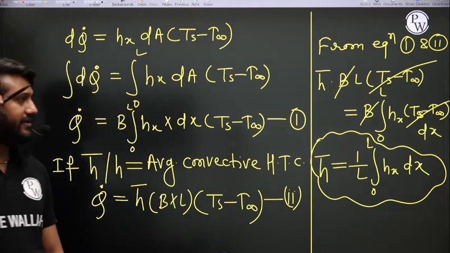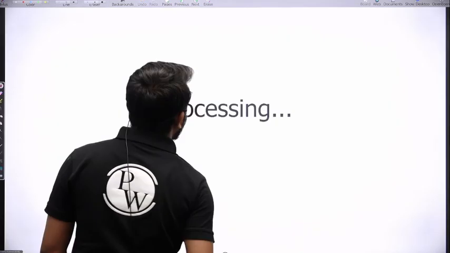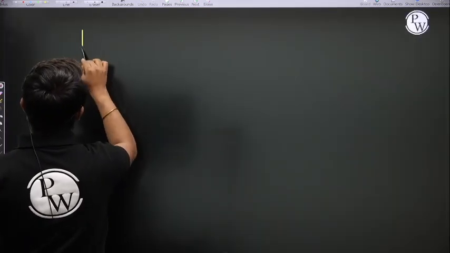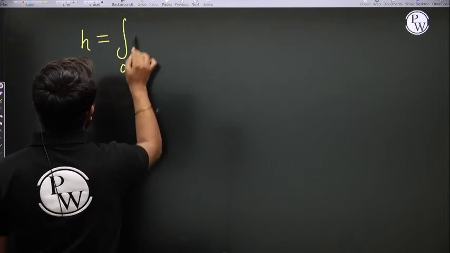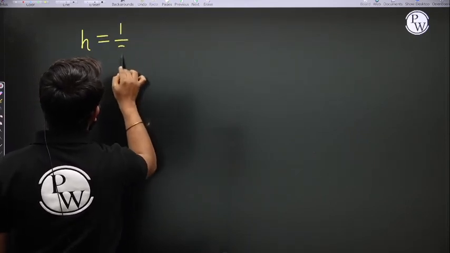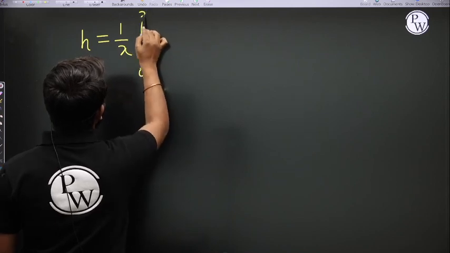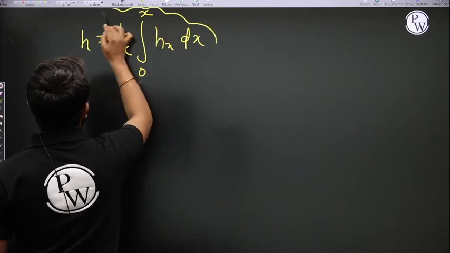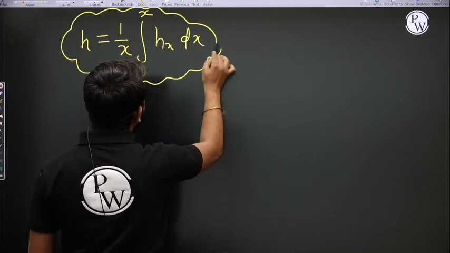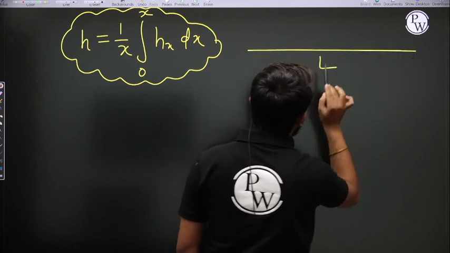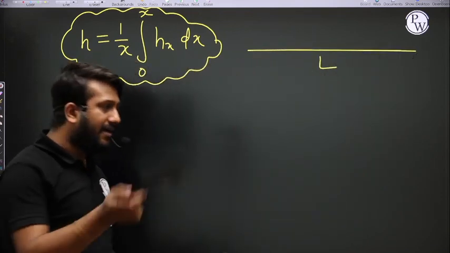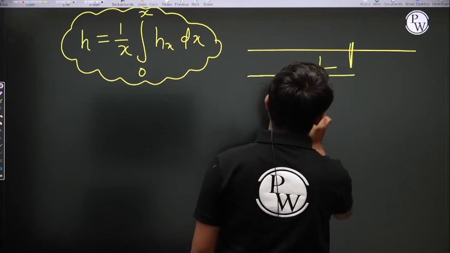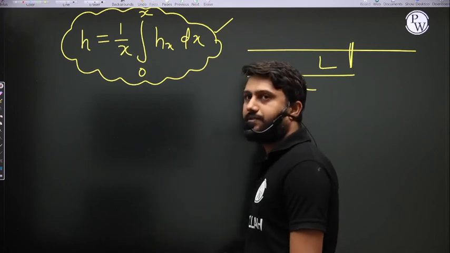So this is the relation between H bar and Hx. If you want to write this mathematical expression in a general way, you can say H is equal to 1 by x, 0 tends to x, Hx dx. If this is the plate length L, but I want to find the average convective heat transfer coefficient up to this x, then use this expression.